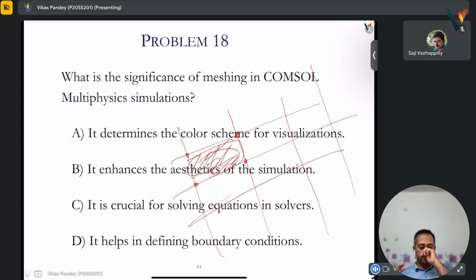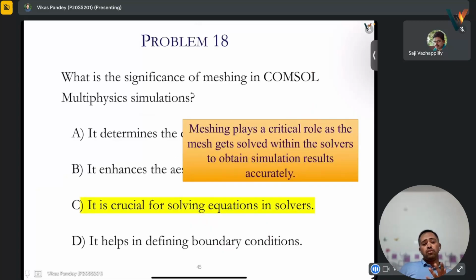We have different meshing for different areas. The areas which are more critical, where we go into details, have very close meshing. Where we have a very similar kind of structure, we can go for less dense meshing.